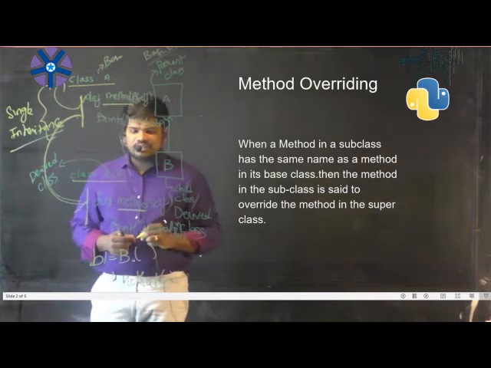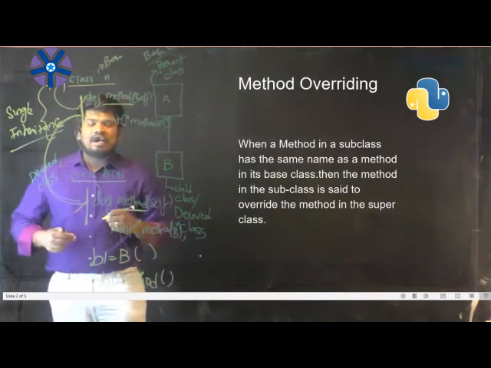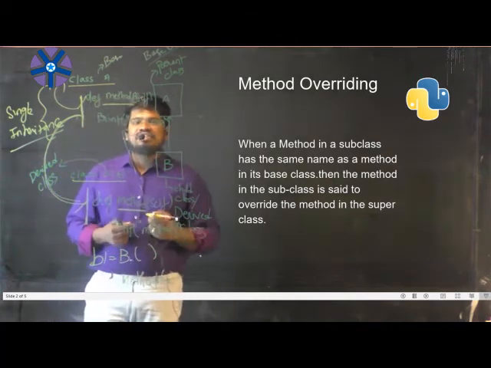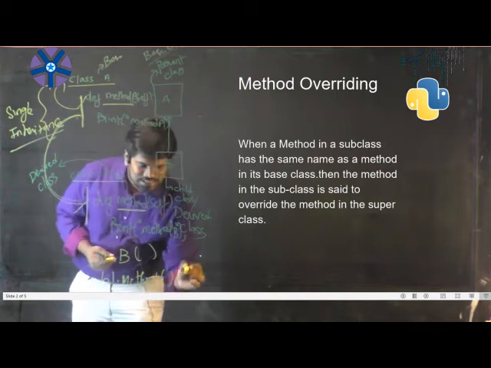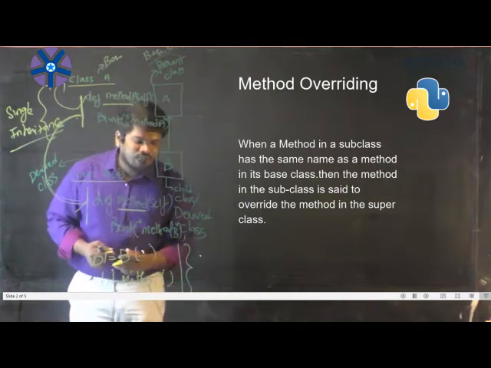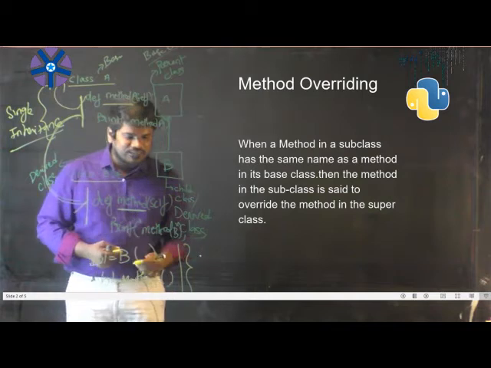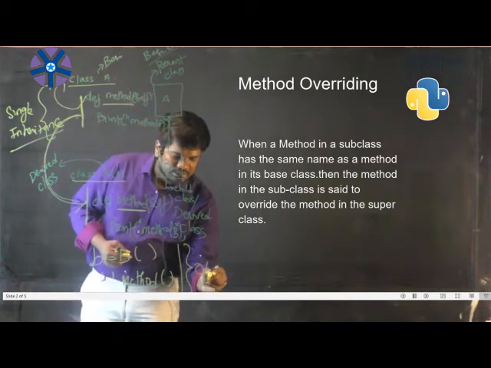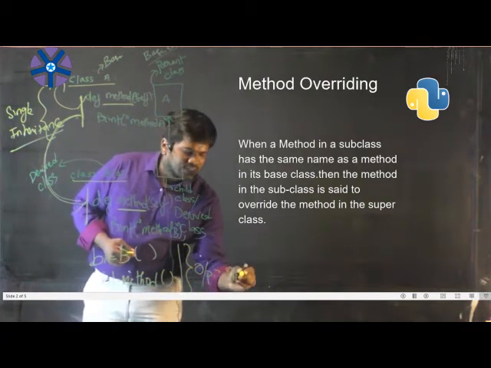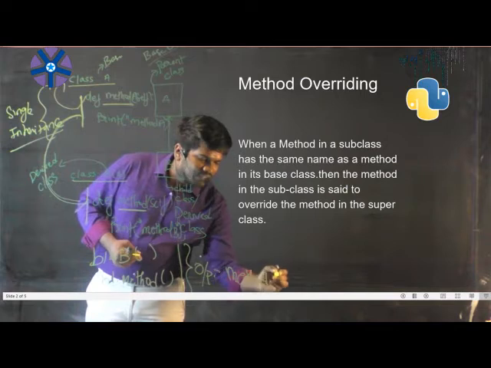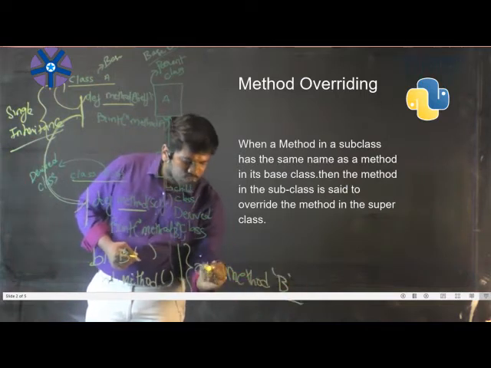So I'm invoking the method which is inside the child class. As a result, when I execute this program, the output I'll get is: method of B.